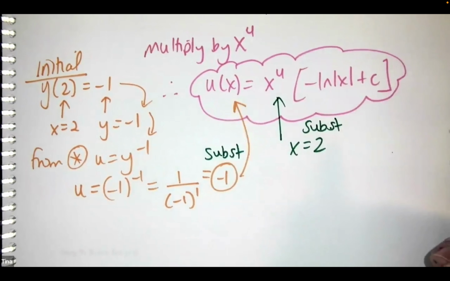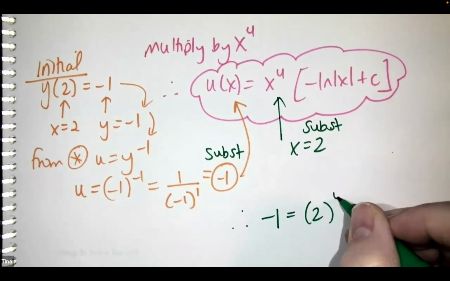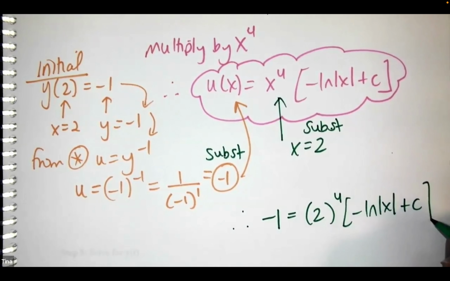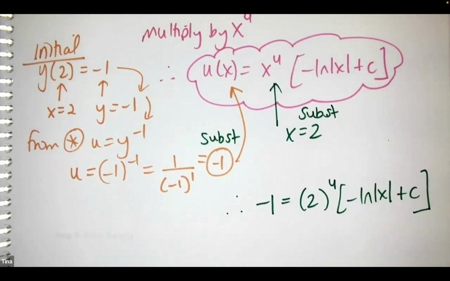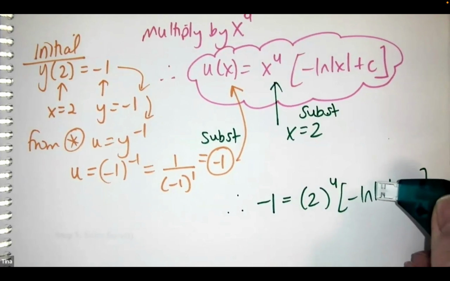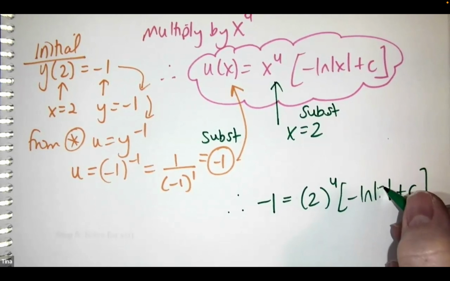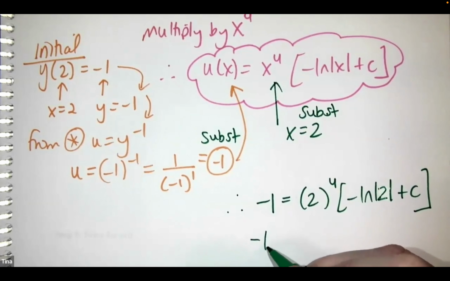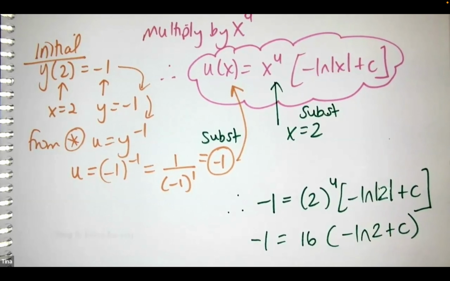So u is negative 1 equals 2^4 times -1/x plus c. Oops, gotta put the 2 in there too, silly me. And if it was a negative x, we'd take the absolute value to make it positive. The absolute value of 2 is clearly just 2, so that's 16 times (-1/2 + c).